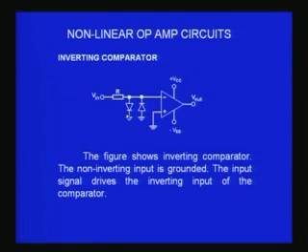When I connect these, whenever the input voltage goes beyond plus 0.7 or minus 0.7, these diodes will be forward biased: this one will be forward biased, or when it is minus, the other will be forward biased.